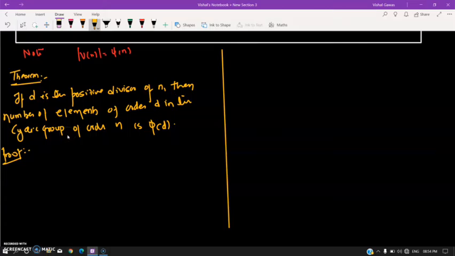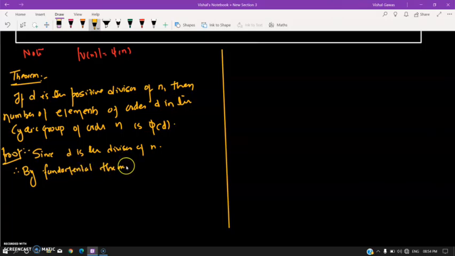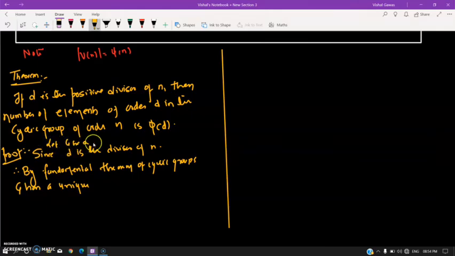Okay, so since d is a divisor of n, therefore by the fundamental theorem of cyclic groups, let G be a cyclic group of order n.